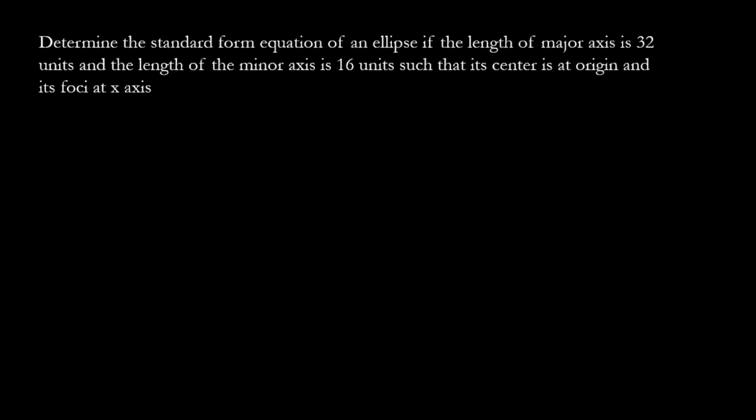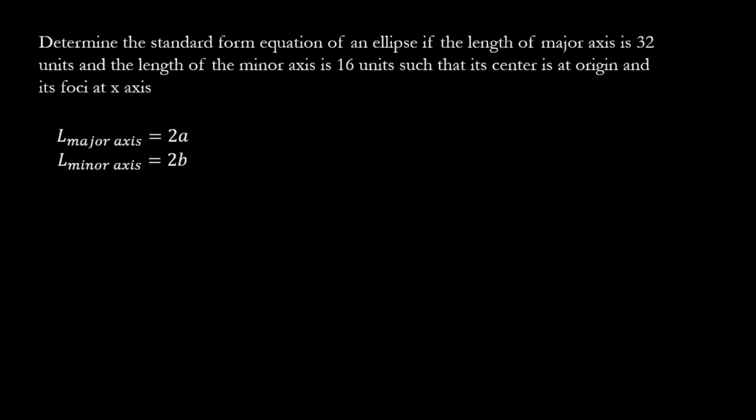Determine the standard form equation of an ellipse if the length of the major axis is 32 units and the length of the minor axis is 16 units, such that its center is at origin and its foci is at x-axis. So remember, ang formula ng length of the major and minor axis are the following: 2a and 2b.